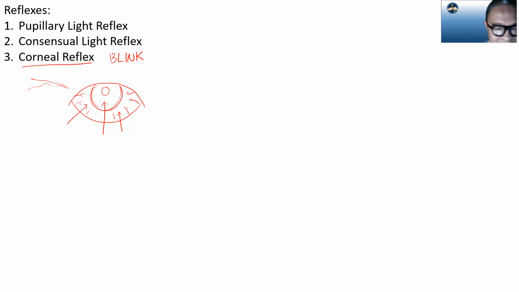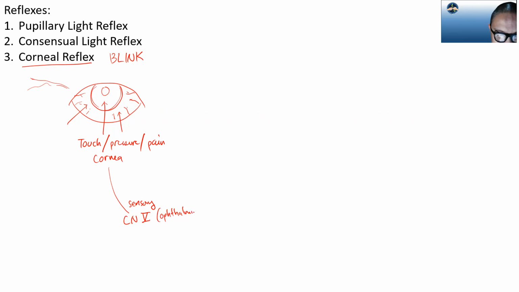Now, let's go to your corneal reflex. So you touch the cornea. You're talking about touch or pressure, a little bit of pain. That's your receptor there. What's your sensory? Your sensory is your cranial nerve 5, your trigeminal, ophthalmic division.